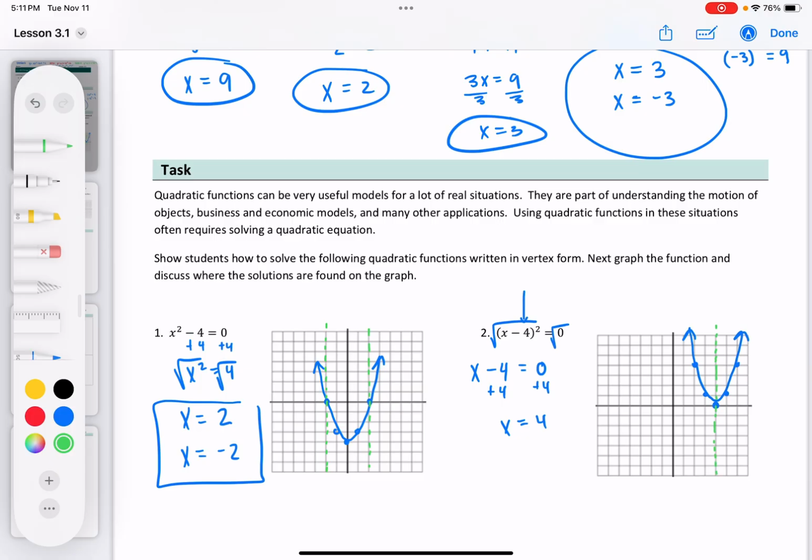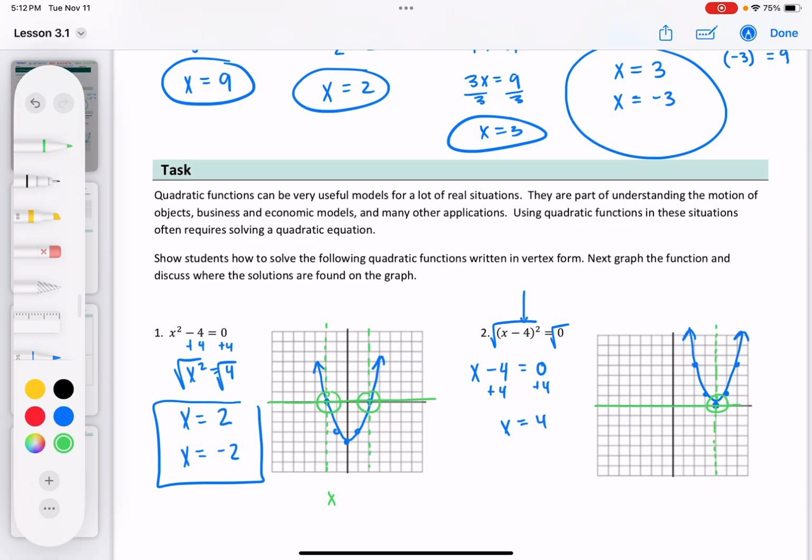If you look at these two, notice that those solutions are both happening on the x-axis. That is not a coincidence. Solutions to quadratics are on the x-axis.